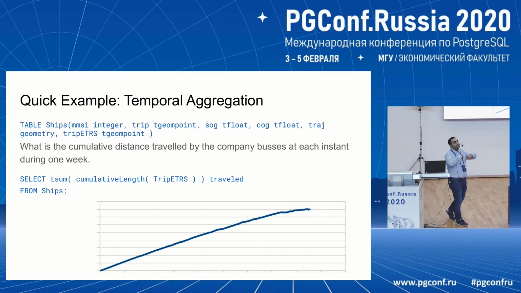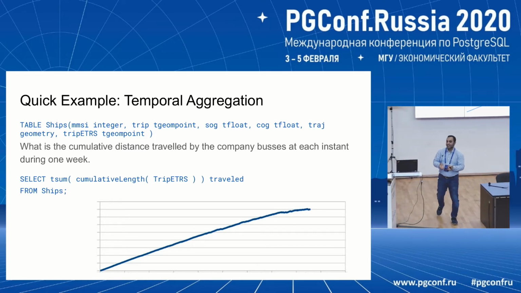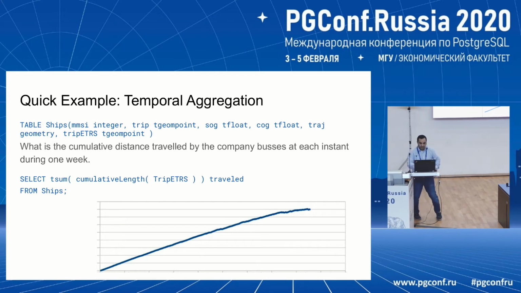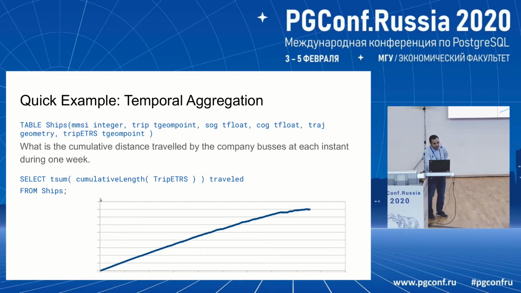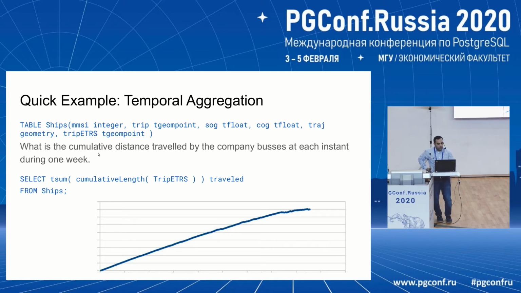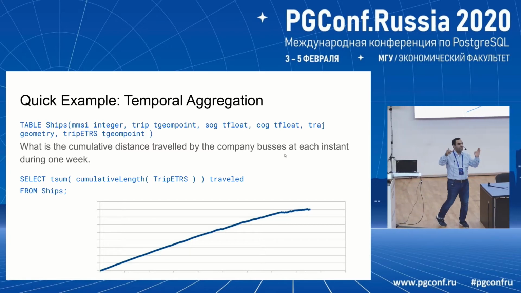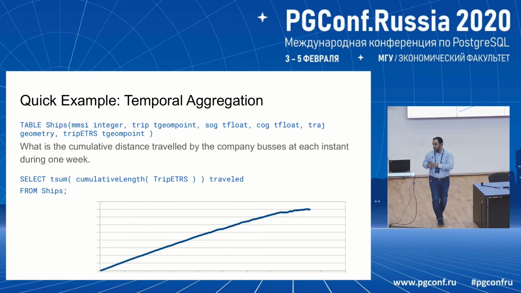But there are also temporal aggregations. This is an interesting concept and a very difficult implementation. If we want to aggregate, for example, multiple temporal floats, let's look how it goes. What is the cumulative distance traveled by all the ships at every instant of time?